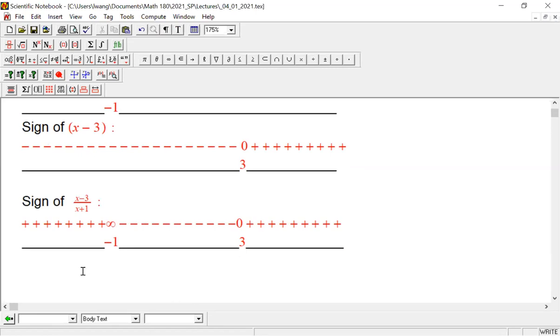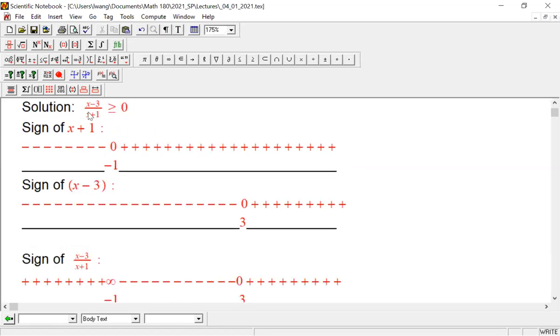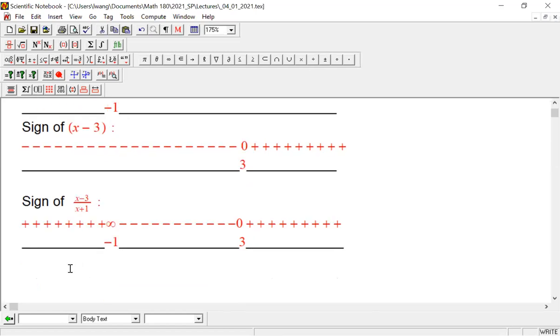We want the quotient to be positive or 0, right? So this one gives you x is less than -1, and the other piece is x is larger than or equal to +3.